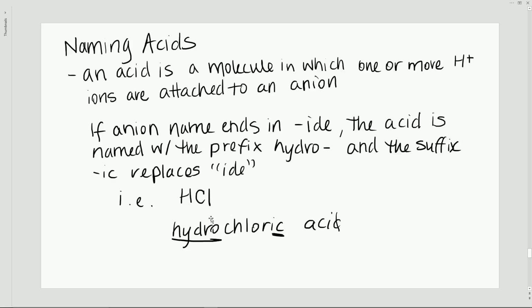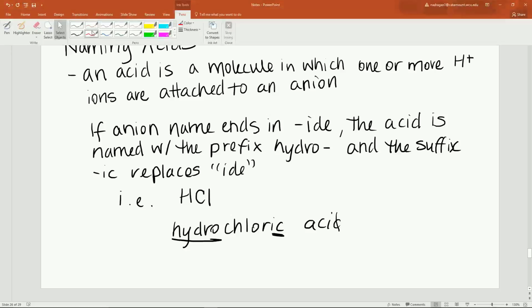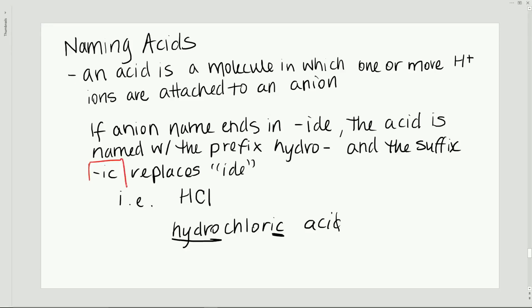So if the anion name ends in "ide", so that's all of the anions except for the polyatomic anions, then the acid is named with the prefix hydro. And the suffix replaces "ide". So the suffix that you would use in this case is "ic".